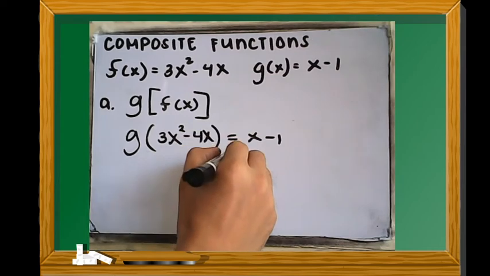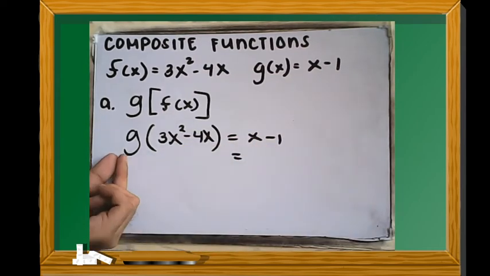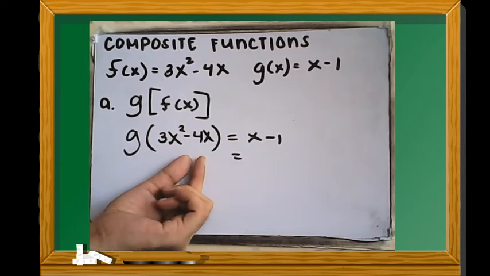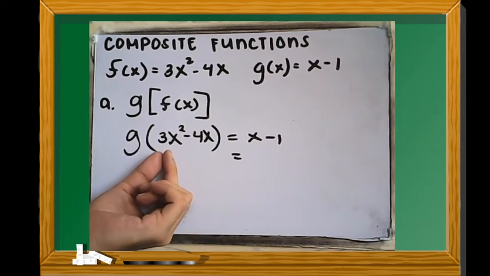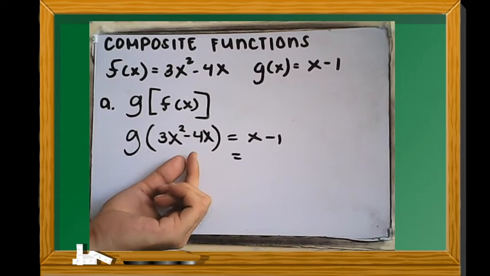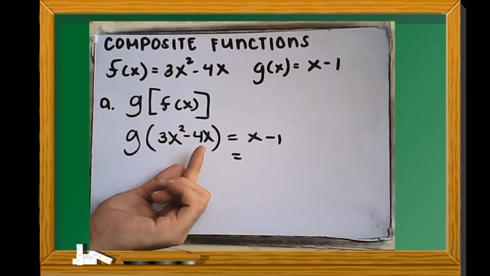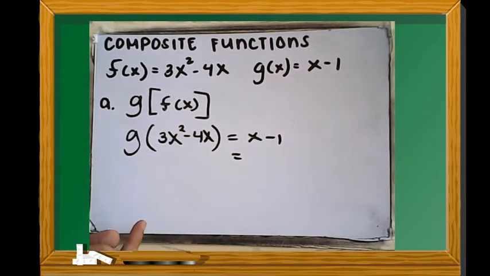Okay. So, since g of 3x squared minus 4x, we are looking for 3x squared minus 4x as if we substitute it to the value of x. So, we're going to perform the operation after substitution.